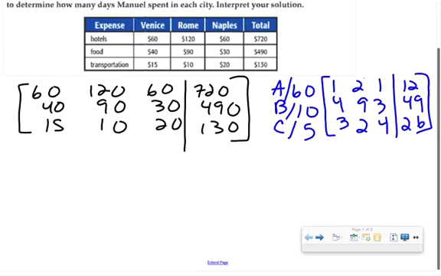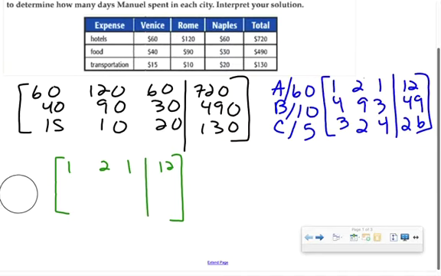So I'll be leaving the first row alone. But taking that first row and multiplying it by -4, and adding it to the second row to get my new second row, and then I'll take -3 times my first row and add it to the third row to get my new third row.